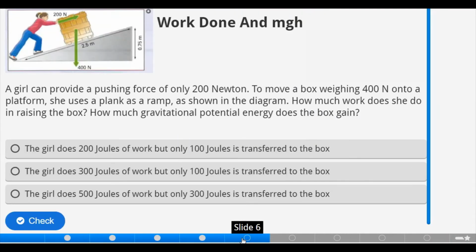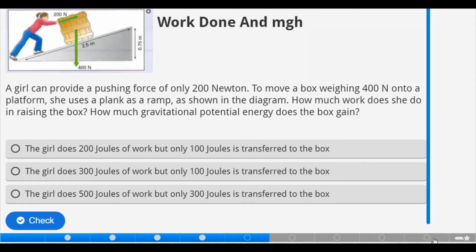Okay. Now let's deal with question 2. Work done and the gravitational potential energy, represented with mgh. Looking at this diagram, the load has a weight of 400 newtons.